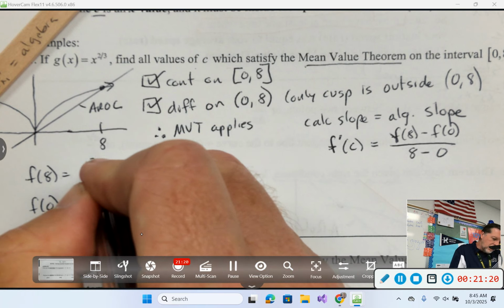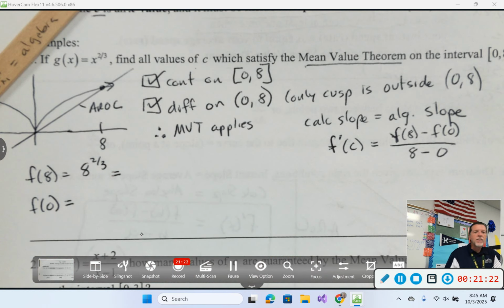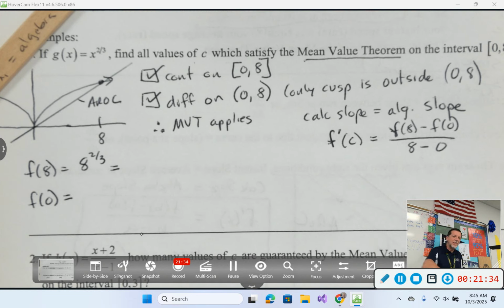So 8 to the 2/3. Ooh, exponent rules. One of those is a root and one of those is a power. Which one's which? 3 is the root, right? Because the root grows underneath and the flower power goes on top. Back to your algebra stuff.